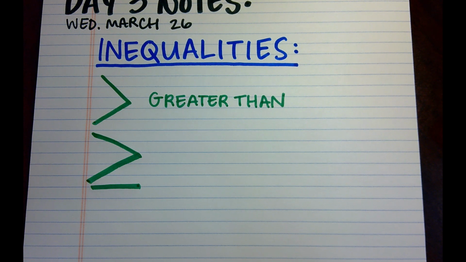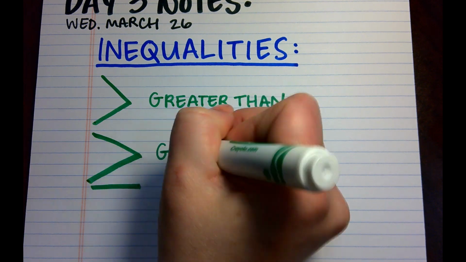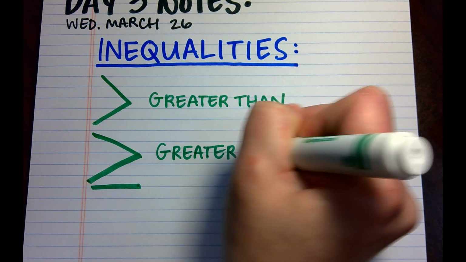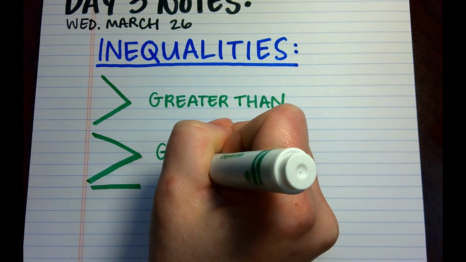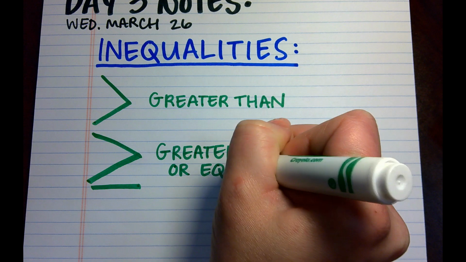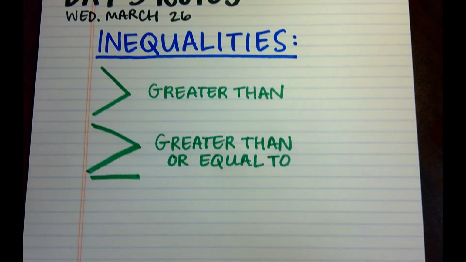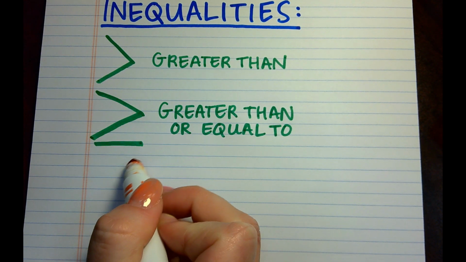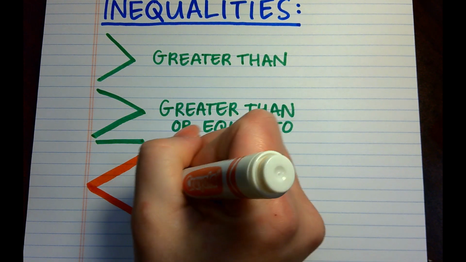What's this mean? Greater than or equal to. Yes. So now we have greater than, or equal to. And now you were saying that the next set of symbols are less than, or less than or equal to.